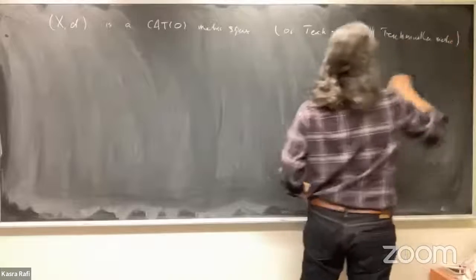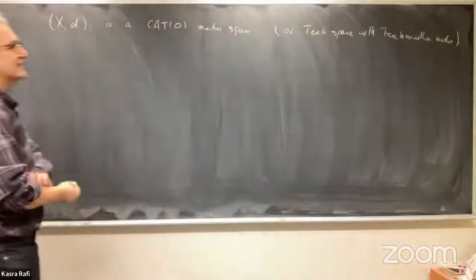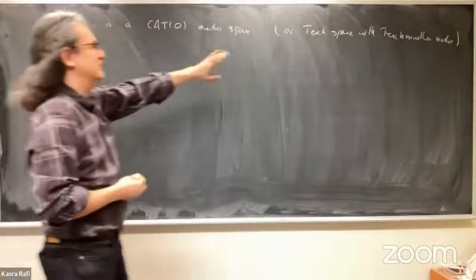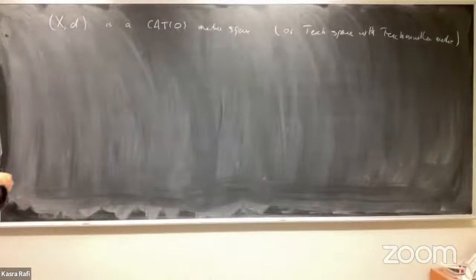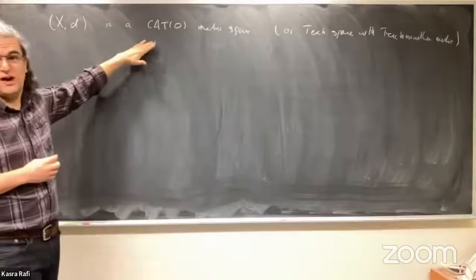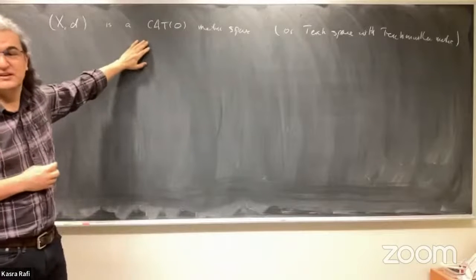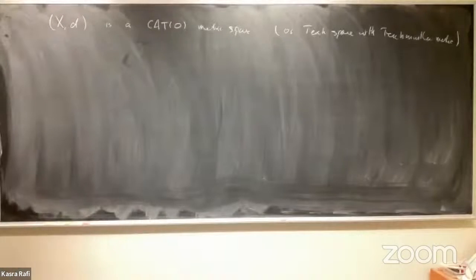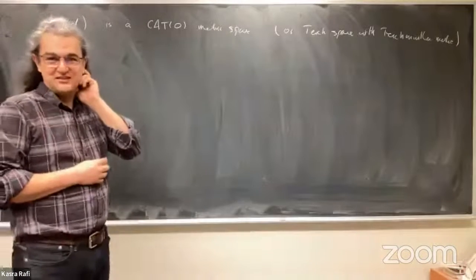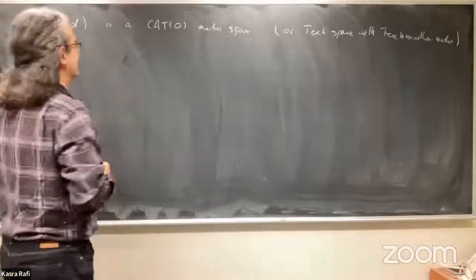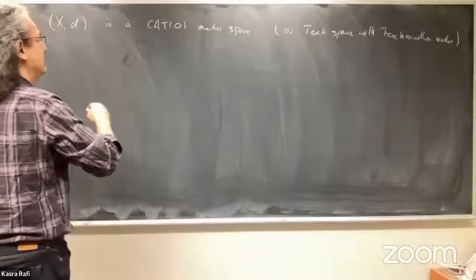For people who know that, they can follow along in the back of their head. I may mention some things about it, but if you don't, you can just look at the CAT(0) case. But I want some kind of hyperbolicity to be present here. A CAT(0) space could be just R^2, and R^2 doesn't have any sublinearly Morse geodesic in it, so there has to be at least one in it.